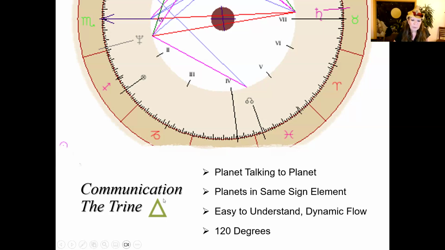Here we have planets talking to planets, figuring out whether they're in the same element or in different ones. Trines are always planets that are in the same sign element: earth, air, fire, water.